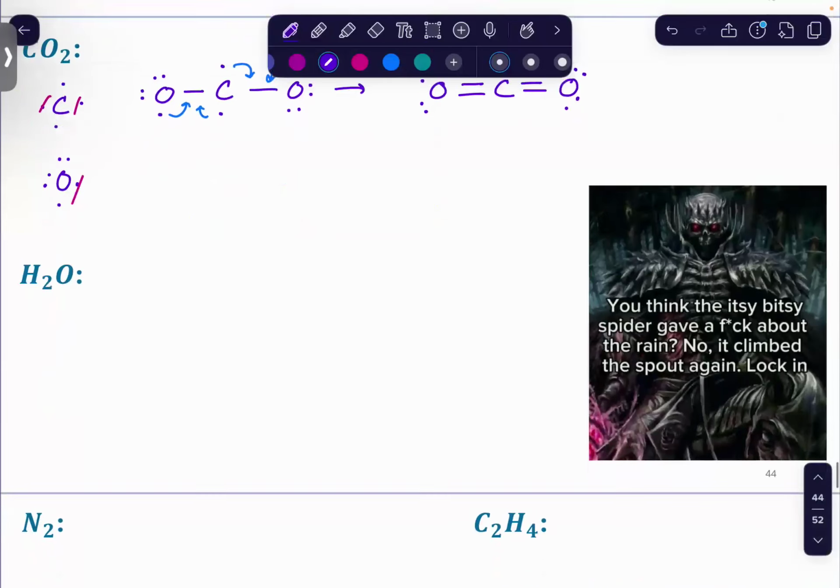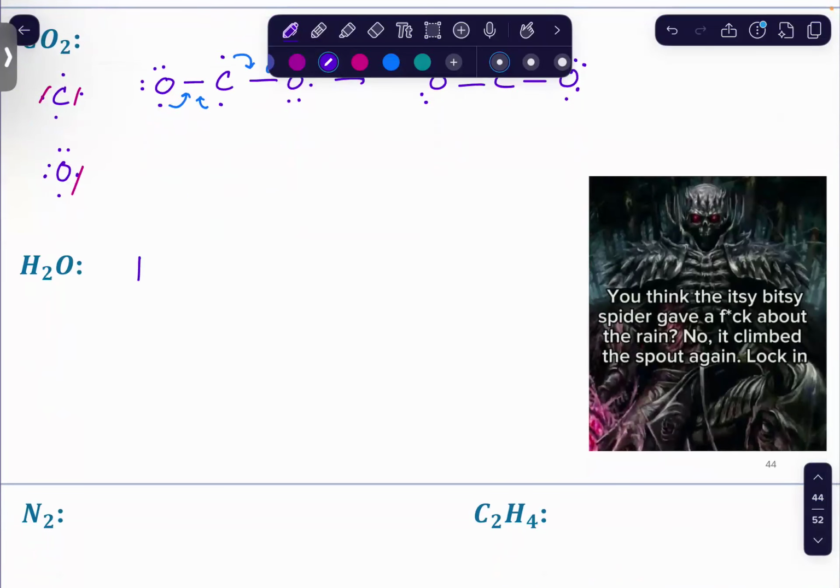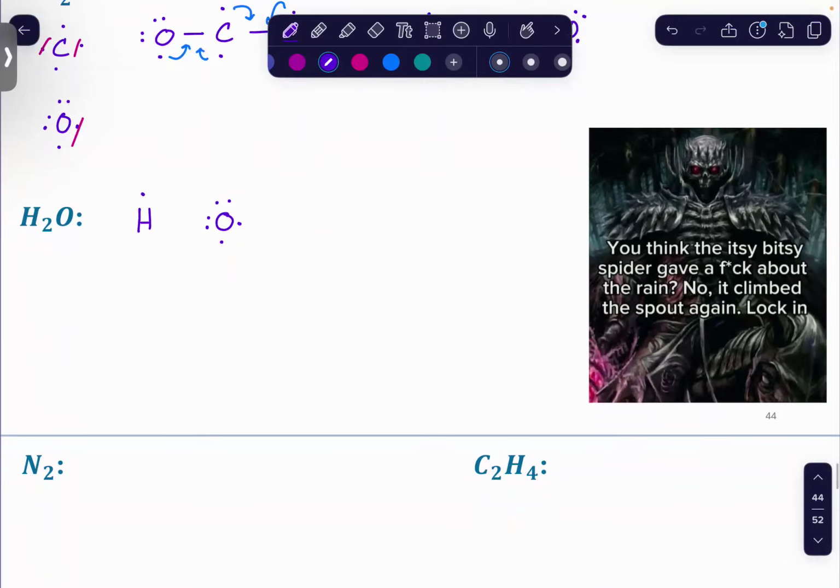Let's work with H2O. Hydrogen has 1 valence, oxygen has 6. We'll do VSEPR later, but I need to put my oxygen in the middle, bond 2 hydrogens to it. Okay, so each hydrogen uses its location.